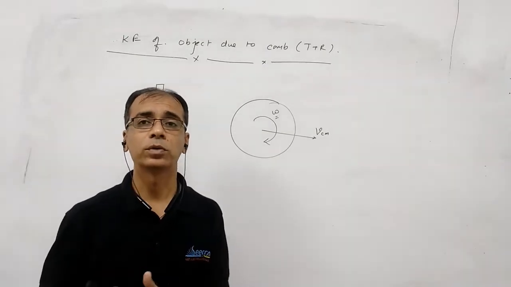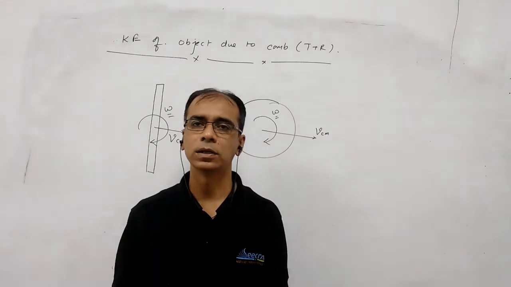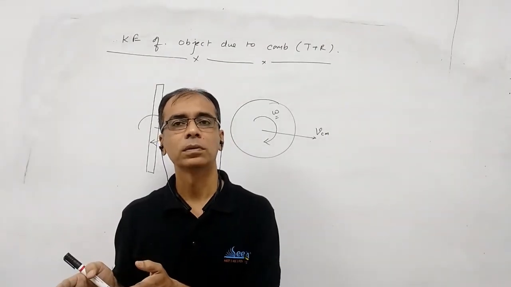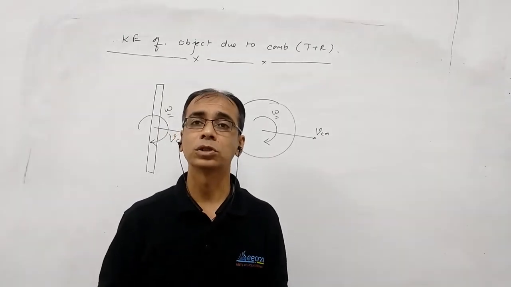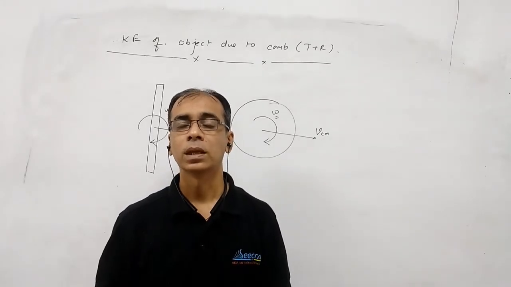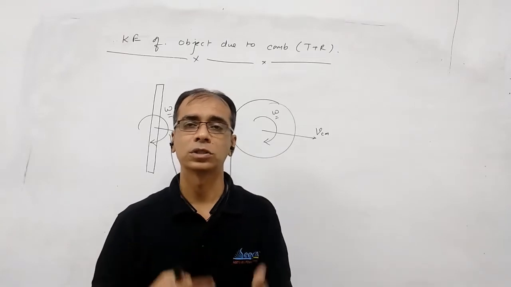So here we have to write kinetic energy. Whenever we talk about kinetic energy, here also we will be breaking it into two parts: kinetic energy of linear motion and kinetic energy of rotatory motion about the center of mass. Okay? Because there are two motions actually. Linear motion is also there and rotatory motion is also there.